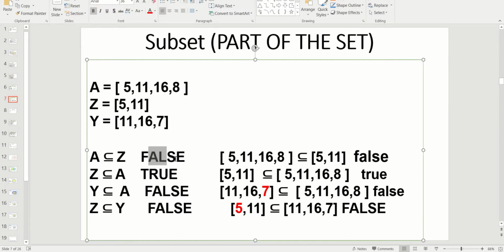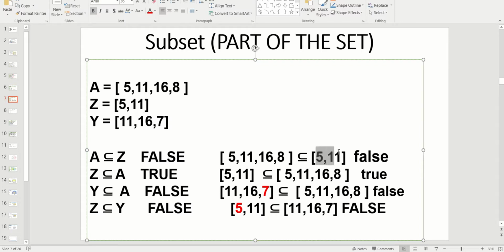The answer is false. Why? Because A here has 1, 2, 3, 4 as members, while Z here has only 1 and 2.